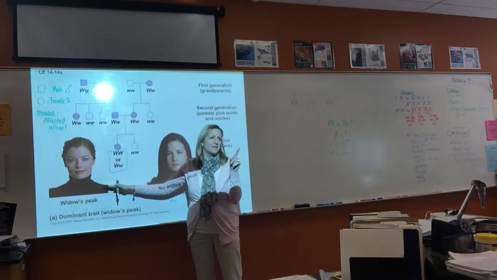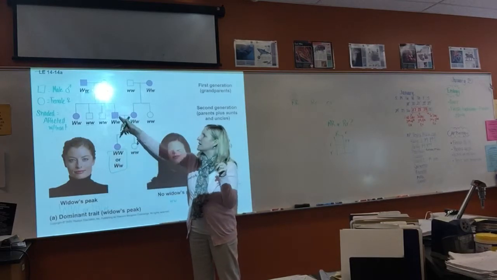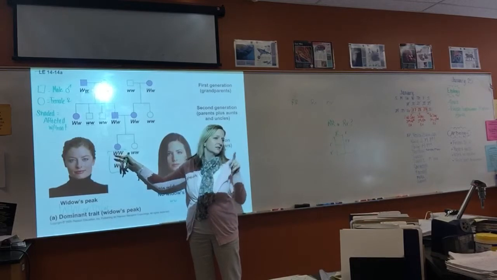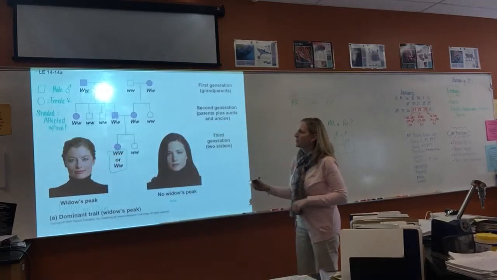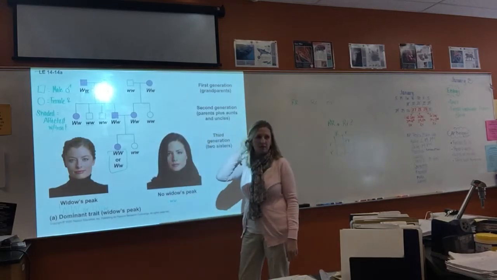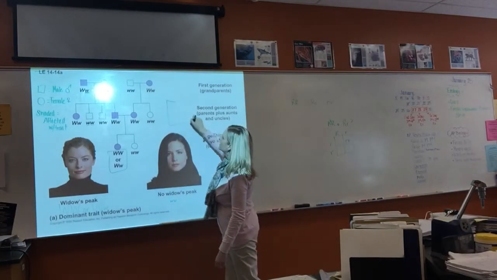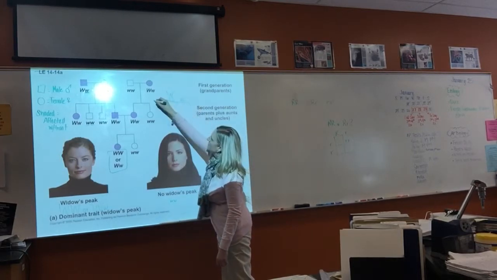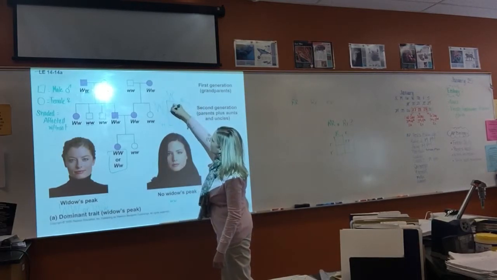Who do we have? Her parents. Now, why can't I figure out from her parents what she is? Abby? Both parents are heterozygous. They each have a different gene, so she could have both dominant from her parents or a dominant one and a recessive. That's right.